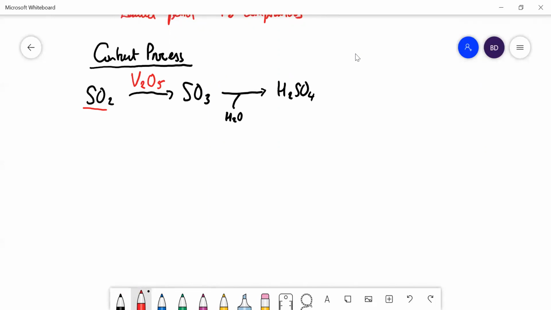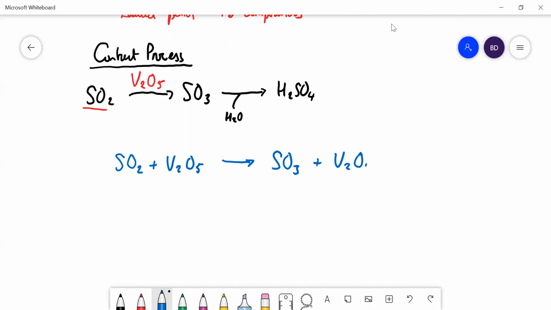Now, the way that this catalyst works is the vanadium changes its oxidation state. So first of all, SO2 will react with the vanadium(V) oxide. So vanadium is in the +5 oxidation state there. And that will form SO3 and V2O4. Well, the vanadium there is in the +4 oxidation state. That's +5.